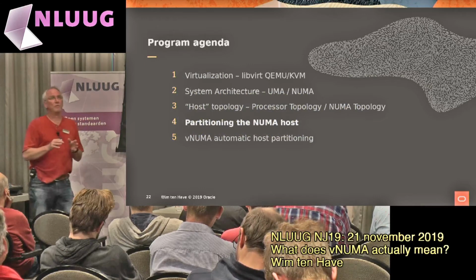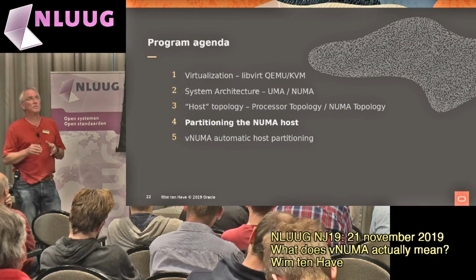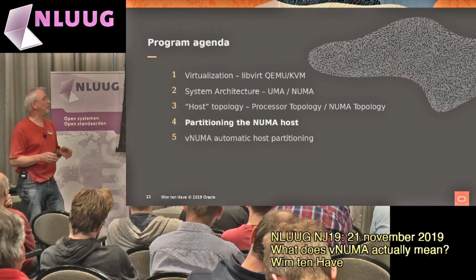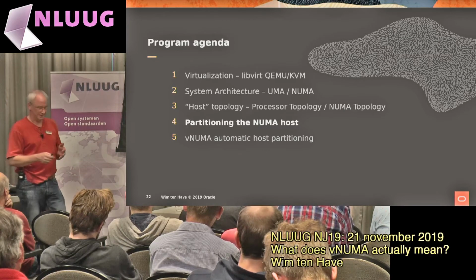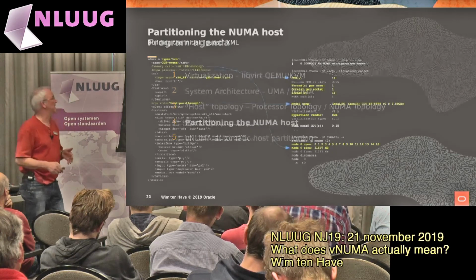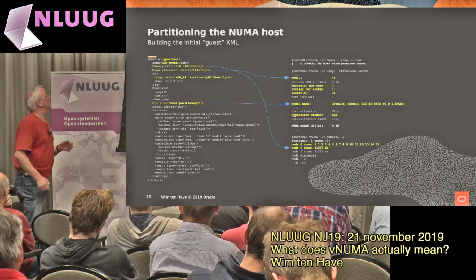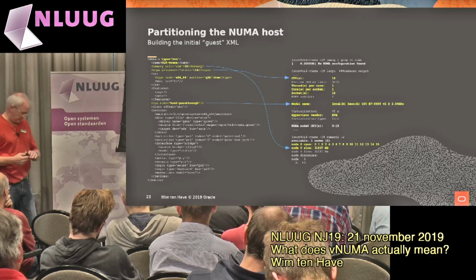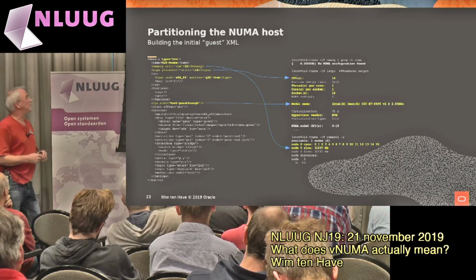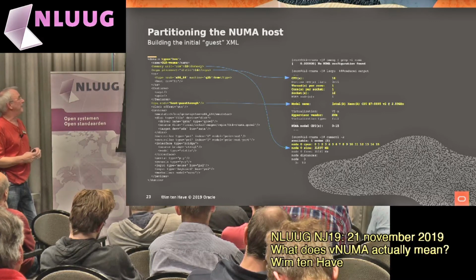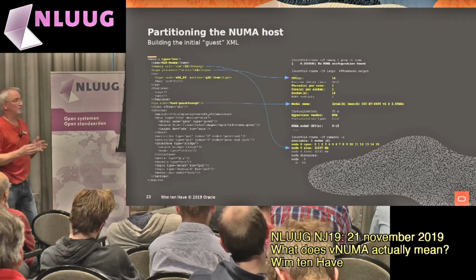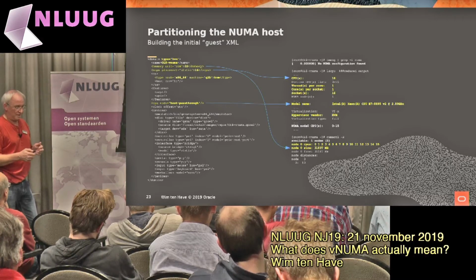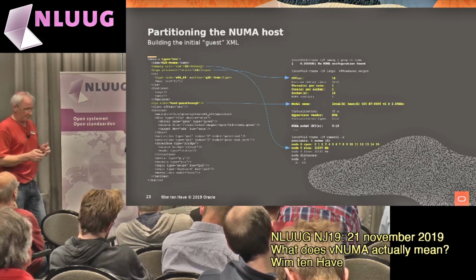So we now know how the NUMA host looks, and we are going to create a guest, and we are going to render a vNUMA architecture of the host into that guest. Earlier I mentioned the virt-install command, and to that command you can give a couple of arguments which are important here.